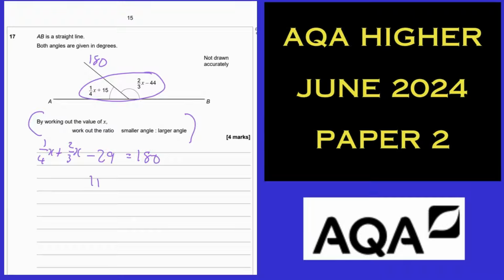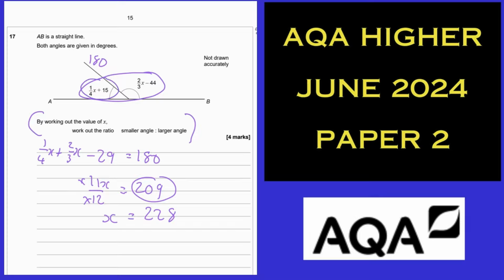That will give us 11/12. We add 29 to both sides, and I think the best way to work out x, 209 into your calculator, multiply by 12, divide by 11. You've got your value of x to be 228, but you haven't finished.